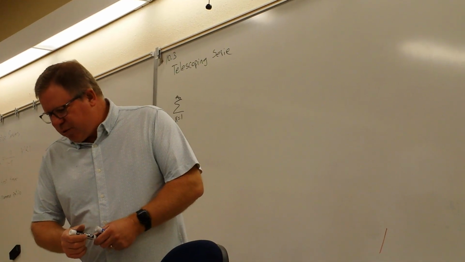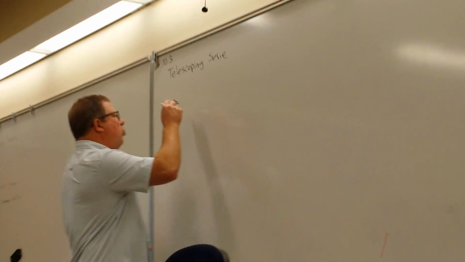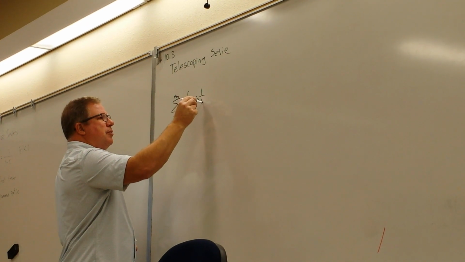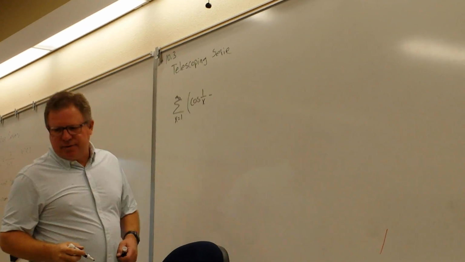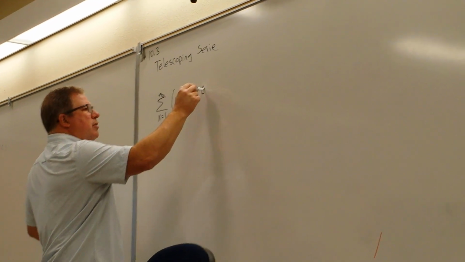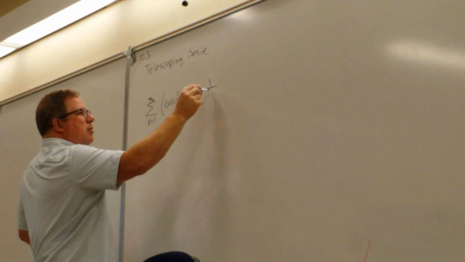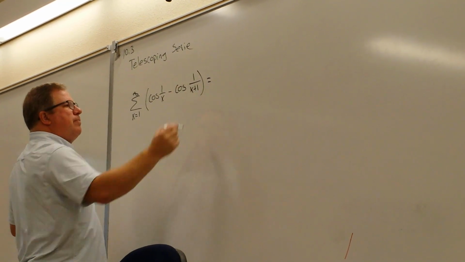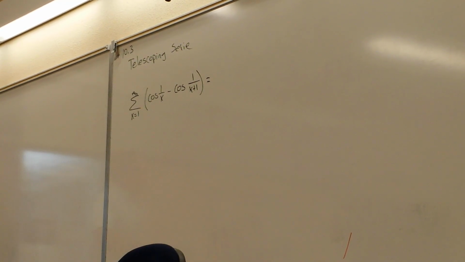All right, in this one we have cosine of 1 over k minus cosine of 1 over k plus 1. So, write out the first 3 terms, then plus dot dot dot, and then write the nth term.